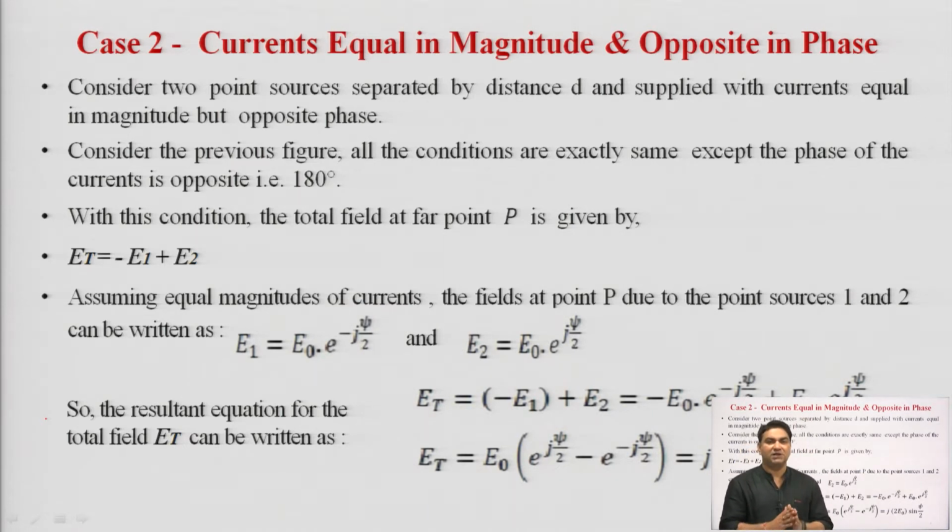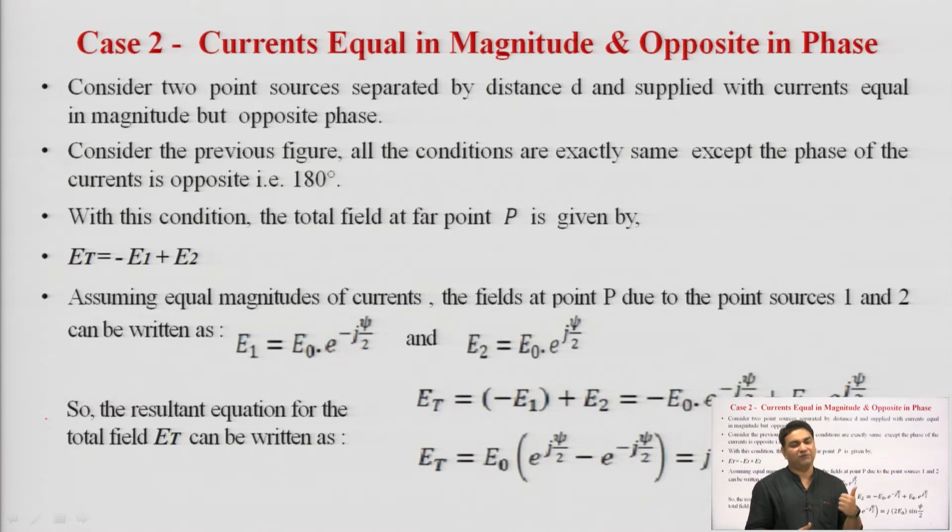It means both point sources are excited with currents having opposite phase. So, simply we can write the resultant field strength for these 2 point sources in this manner.